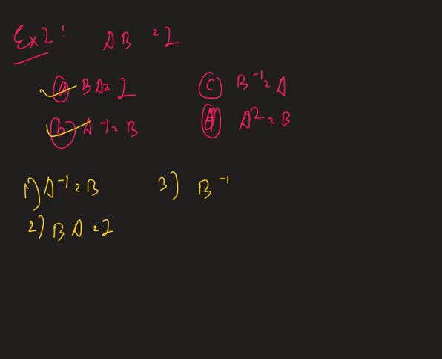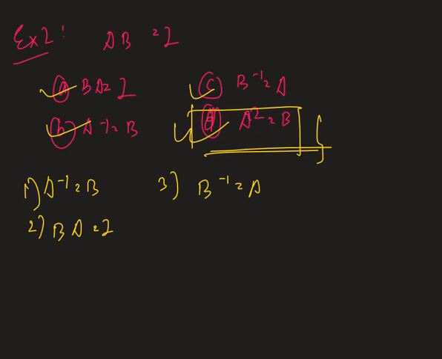B inverse equals A is also correct. Hence, the wrong option is A squared equals B. So our answer is that A squared equals B is not true.